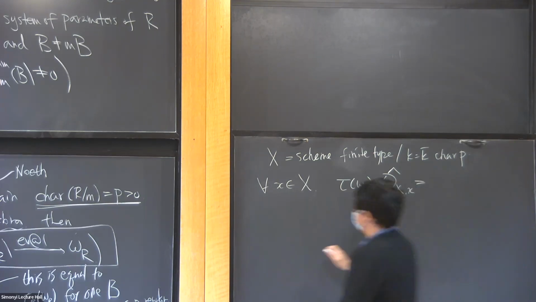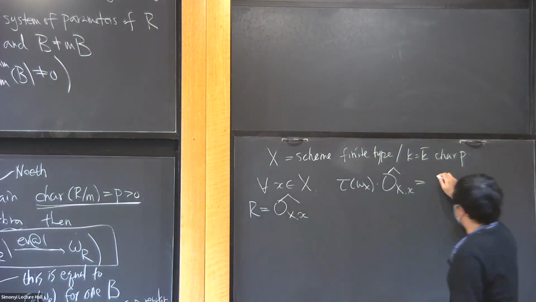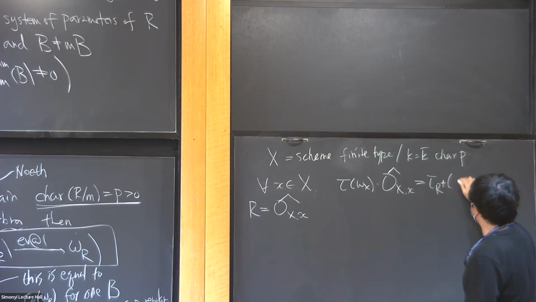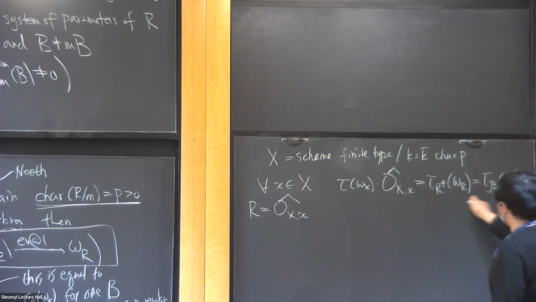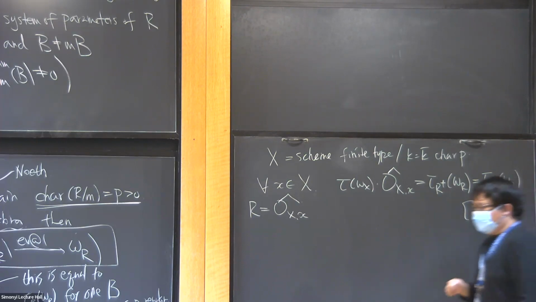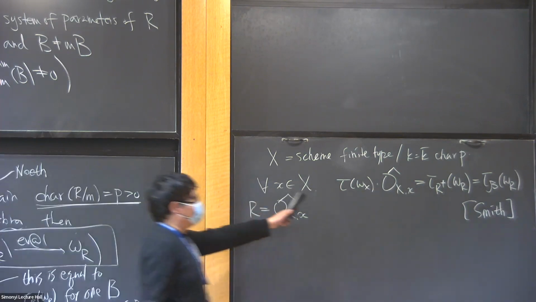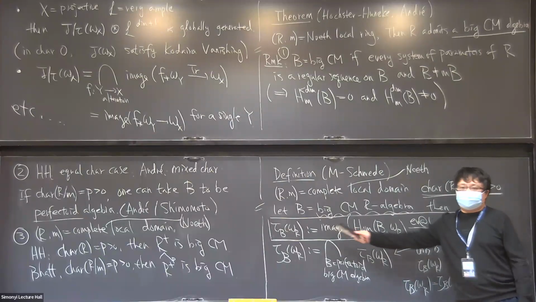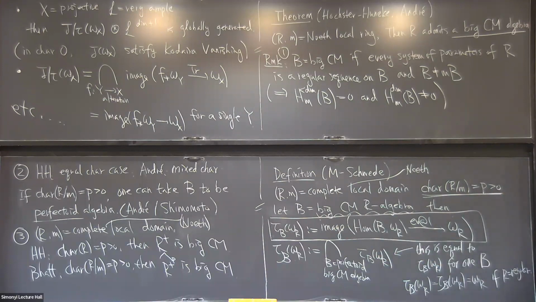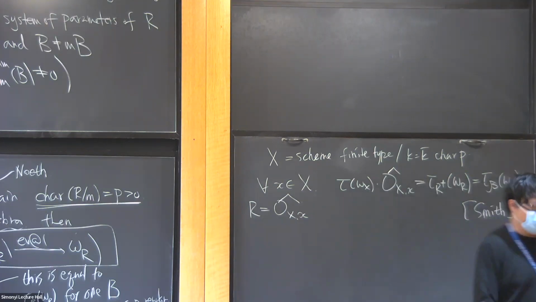This is the same as if you use R plus, and it's also the same as if you use larger and larger B. So in characteristic P, there is a globally defined object such that at the completed stalk, it agrees with this tau R plus or tau B. Since these are the same, you can use any B in between R plus and the ultimate B.